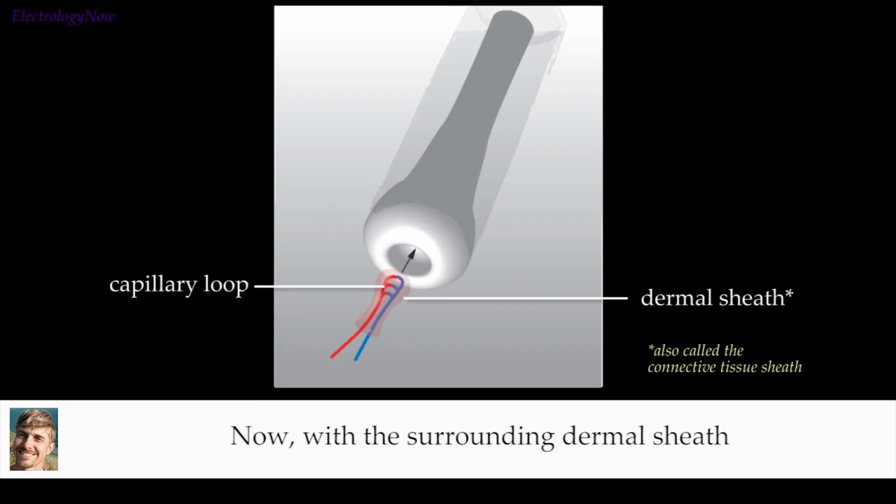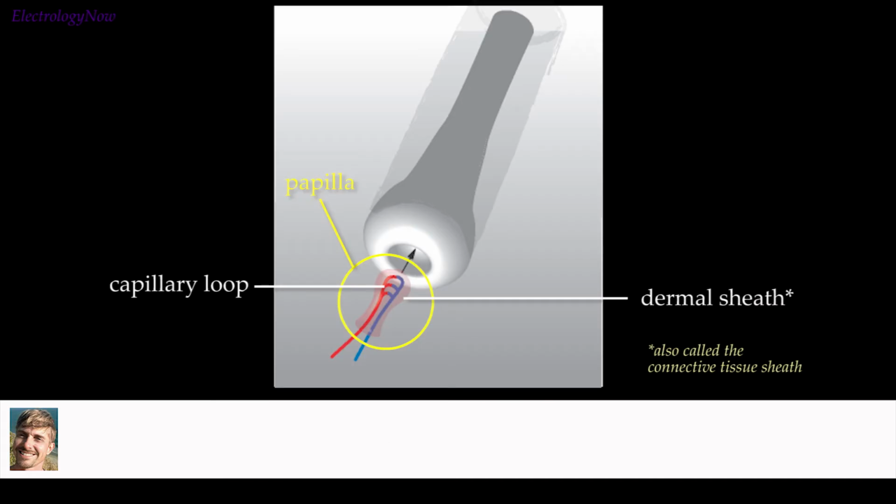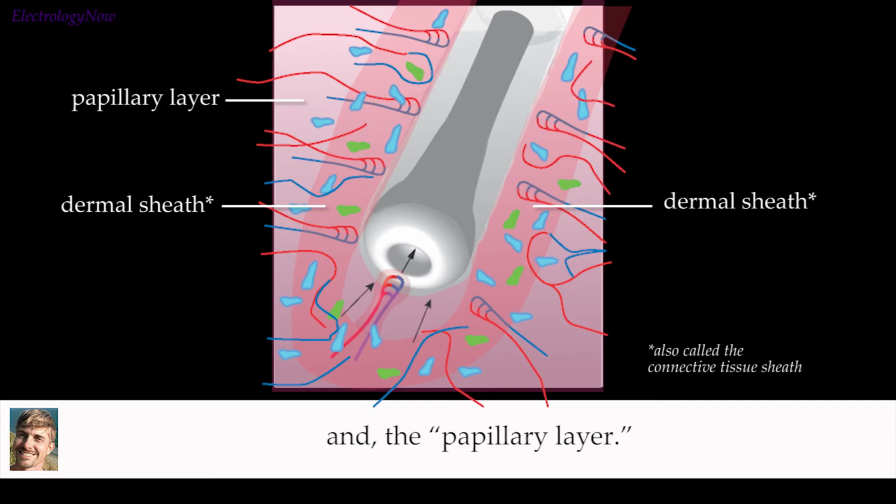Now, with the surrounding dermal sheath, it is by definition a papilla, or a papillary unit. The papilla is part of the blood-rich dermal sheath and the papillary layer. The papilla inserts into the anagen hair bulb. The blood-rich dermal sheath envelops the entire follicle, and this layer feeds the hair and feeds the entire epidermis.